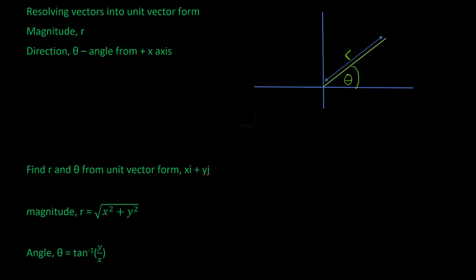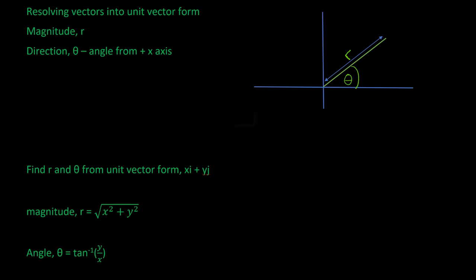Now there's another way in which they might describe a vector: by giving its magnitude, which is r, represented by the length of the line, and its direction given by theta, the angle, which notice is the angle between the vector line and the positive x-axis.